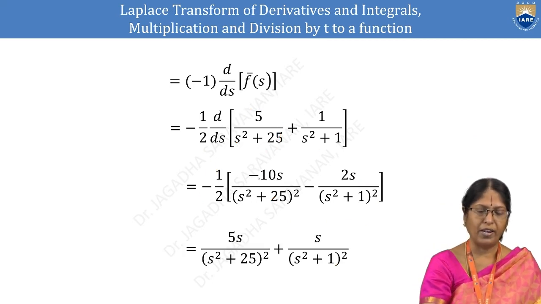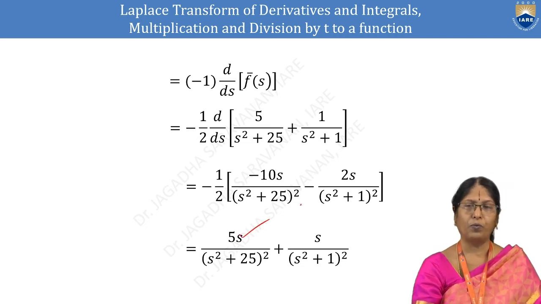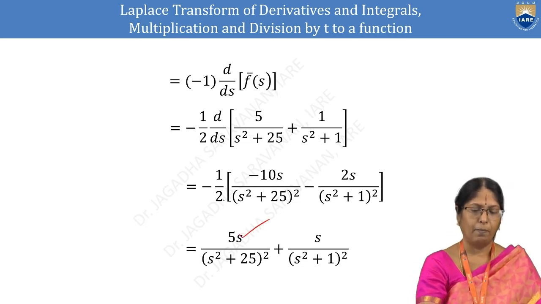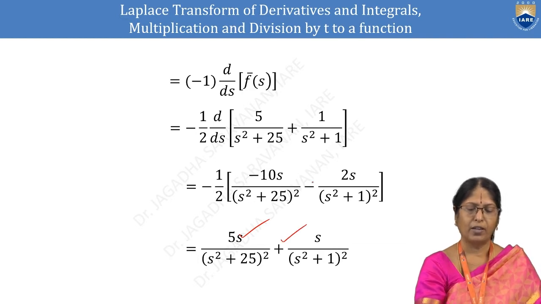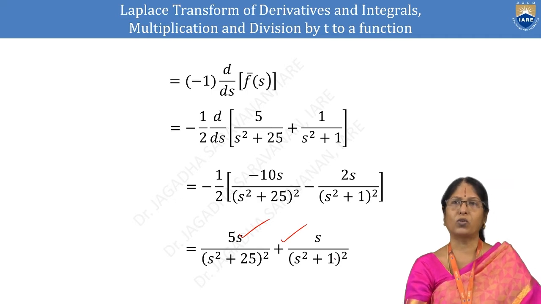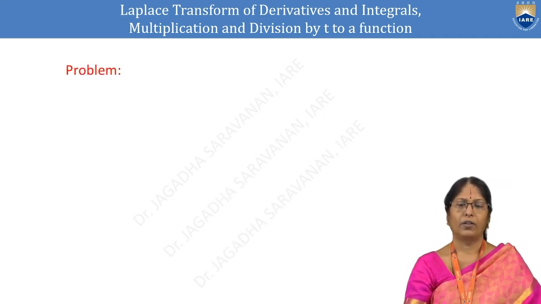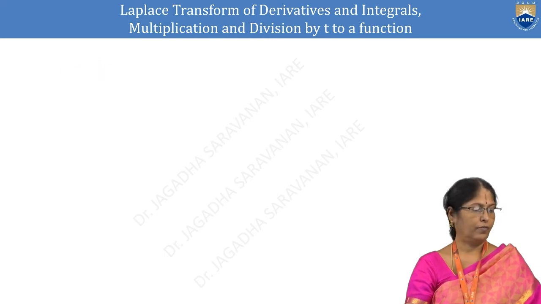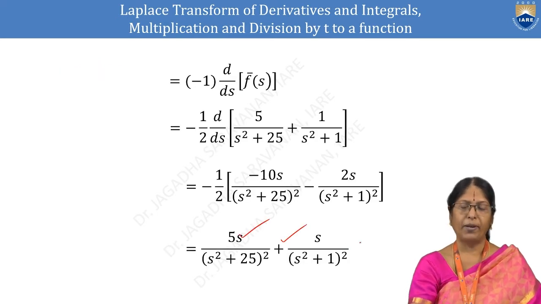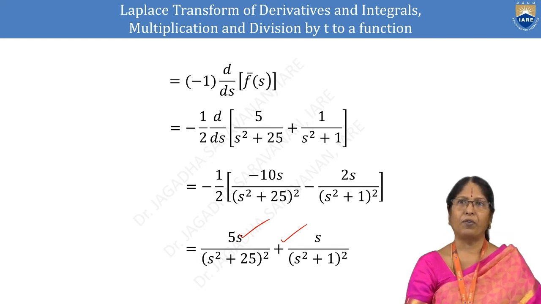Now minus into minus is plus, 10 divided by 2 gives 5s, and the 2 cancelled, s by s square plus 1 the whole square. So we completed the first problem, where the function f of t is multiplied by t.